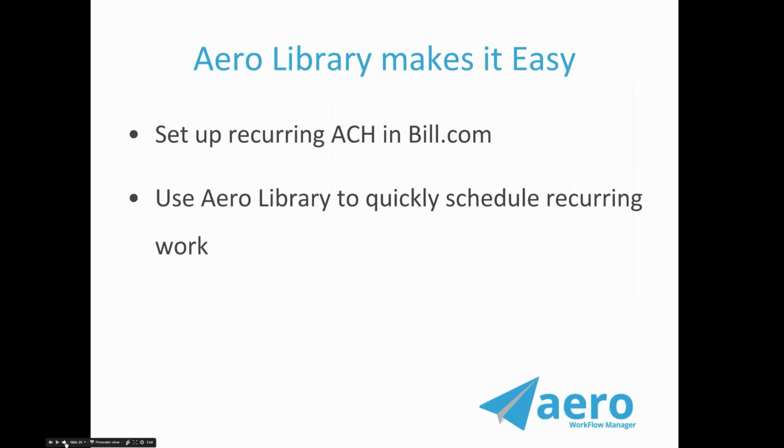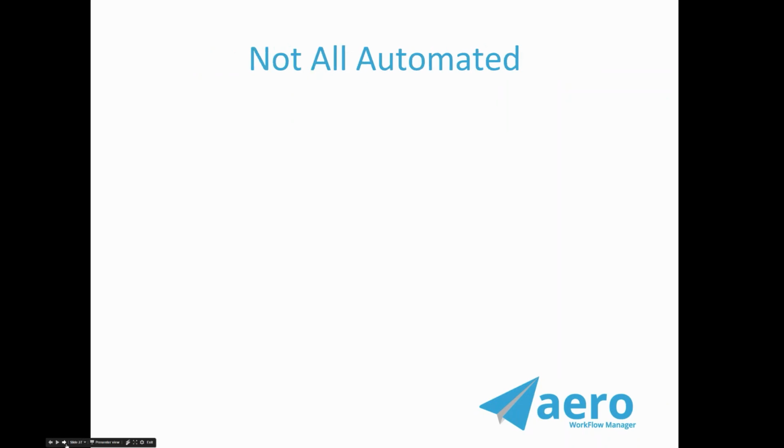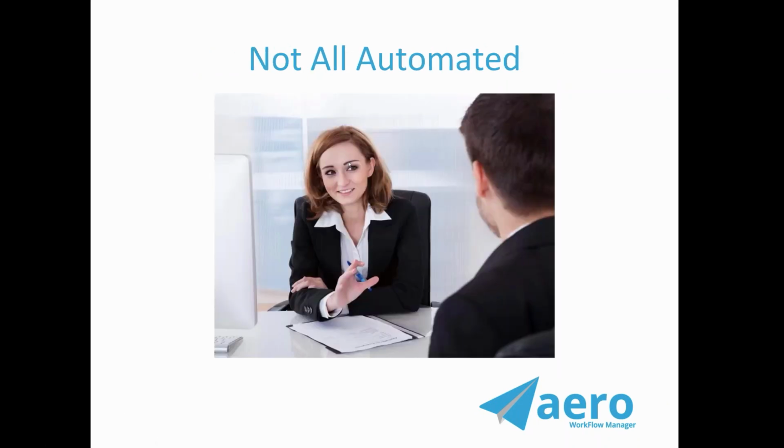Of course, I would love to see that part get automated. Maybe we can build that in the future, but for now we're just testing out the whole idea of a web store. What do you guys think about a web store? And then, of course, I jump into Bill.com and I set up the recurring ACH. We're going to do a one-time charge for the setup, and then we're going to set up the recurring monthly. And that's about it.